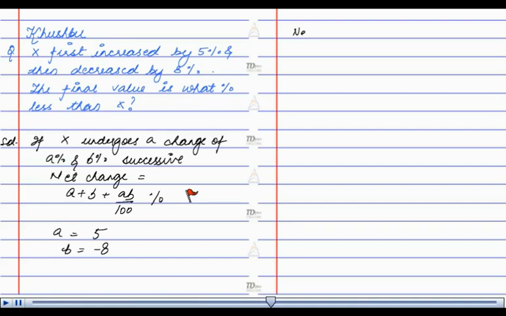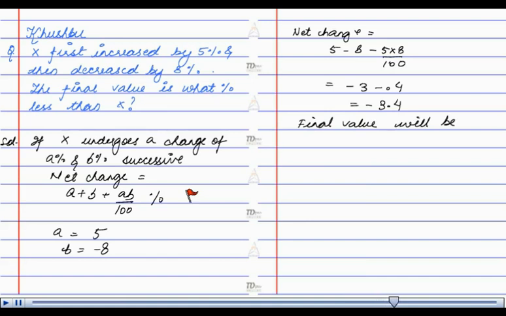So, the net change will be 5 minus 8 minus 5 into 8 by 100, which will be equal to -3 minus 0.4, that is -3.4, and hence the final value will be 3.4 plus 1, that is 4.4% less than the original value.